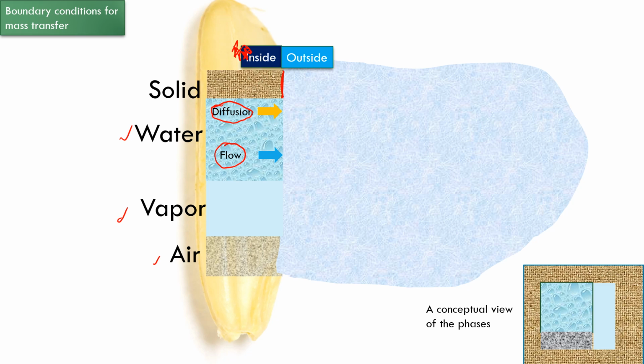Outside, there can be several possibilities. First is whatever comes to the surface just evaporates, and the evaporated part is removed, like using a mass transfer coefficient. The other part would be that so much of the water comes to the surface that it cannot evaporate and it starts to accumulate.